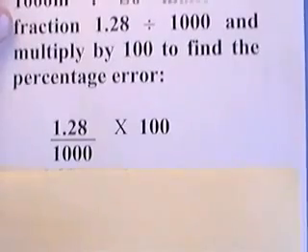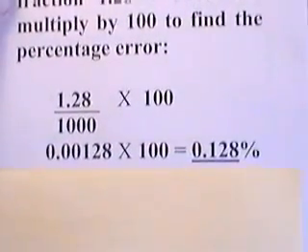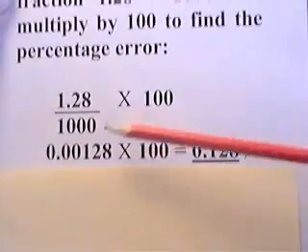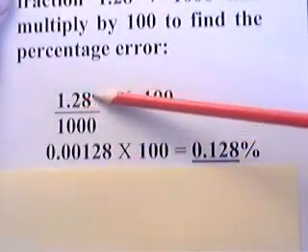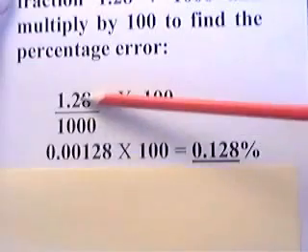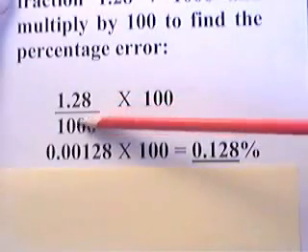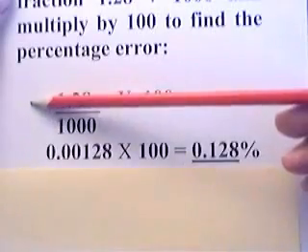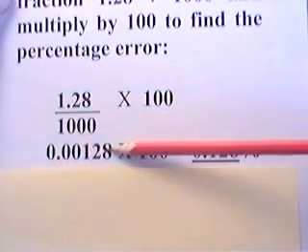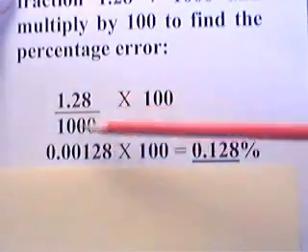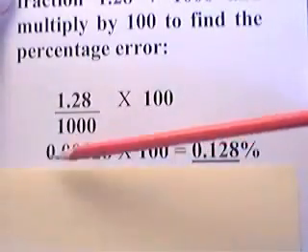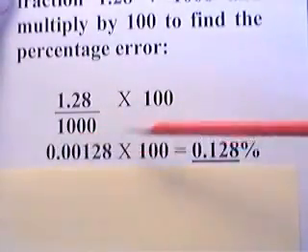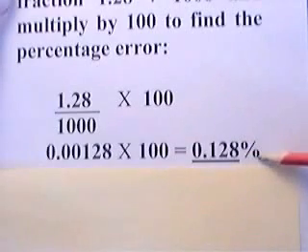Okay, so that's the calculation you would do, and if you do this, you will see that you can change this decimal here, because you're dividing it by 1000, 3 zeros in 1000, so this is going to jump 1, 2, 3 places that way, giving this decimal here, and then the whole lot is multiplied by 100, so the decimal point comes 2 places back that way, and the answer is 0.128%.